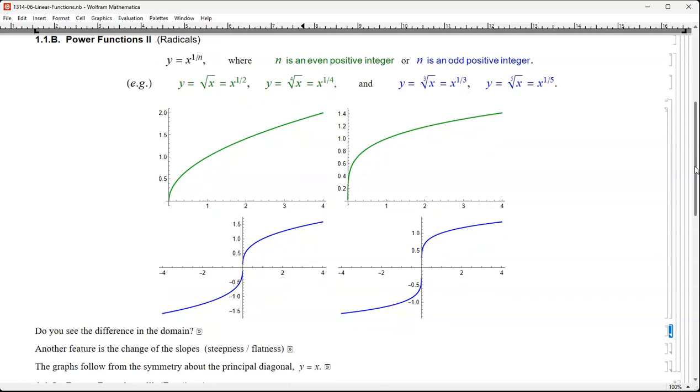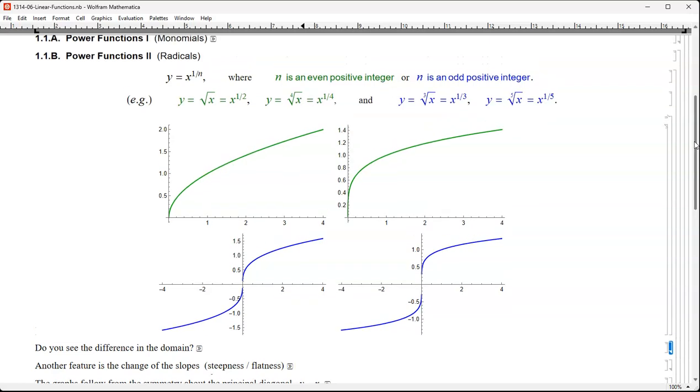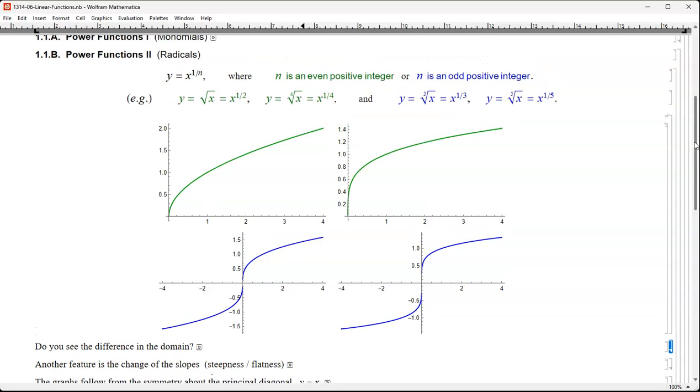Another feature is slopes, steepness versus flatness. Square root is like that. And cubing root, it's closer to vertical, and then even more close to vertical around 0. You can see that kind of thing. And it is the opposite behavior of the nth power function, which grows much flatter when n is big, but here x and y are reversed.